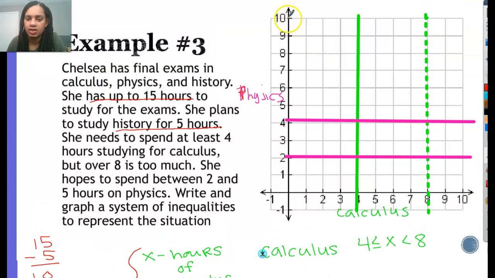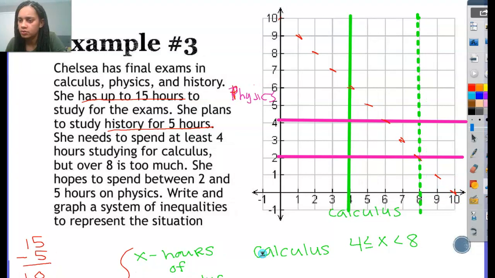I'm going to go 10. I did say less than or equal to, so this will be a solid line. I'm just trying to get some points here. So solid line, and that's for the red one.